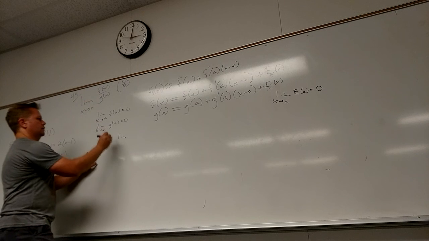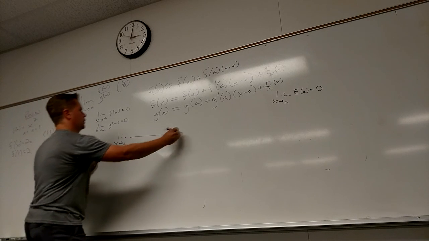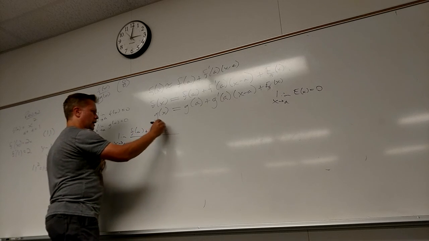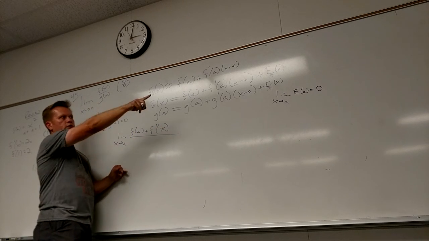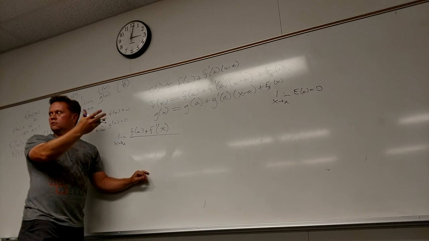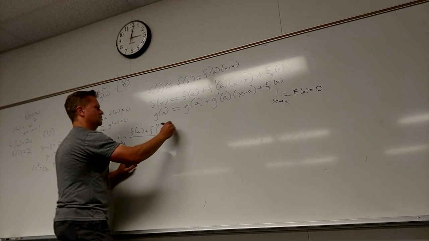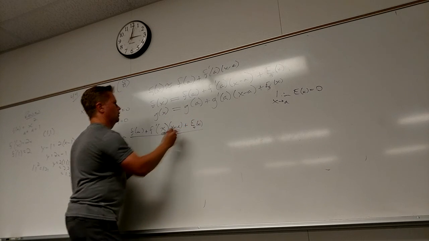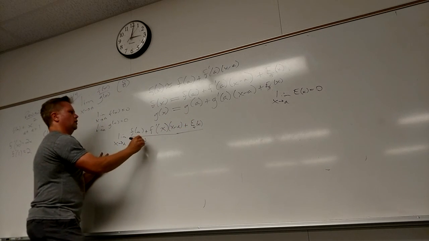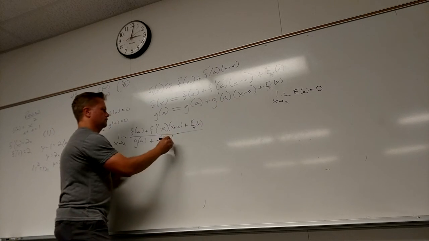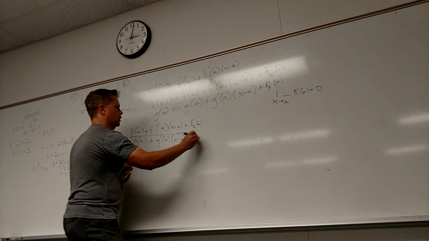So if I rewrite this, it will look like this. The top will be f of a plus f prime of x, because I'm letting x go to a anyway, times x minus a, plus the error that's going to go away anyway, over g of a plus g prime of x, because x is going to a anyway, plus an error.